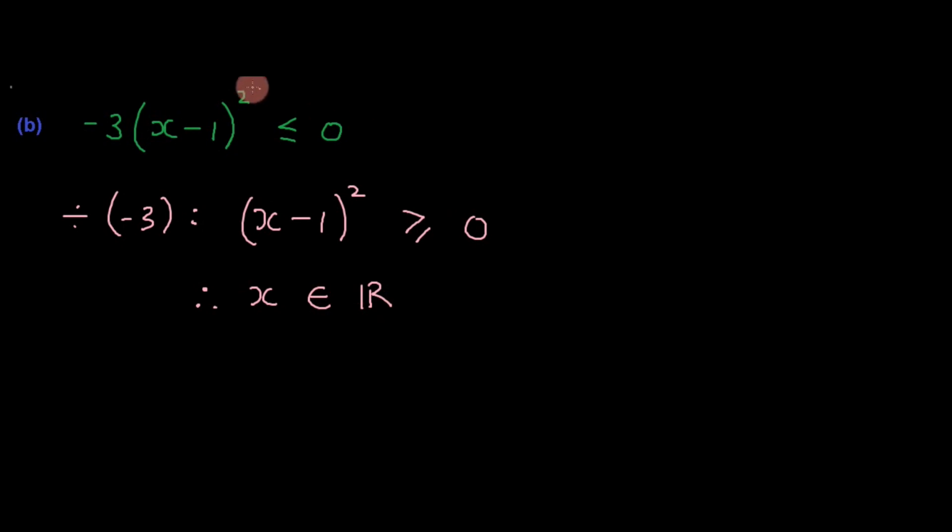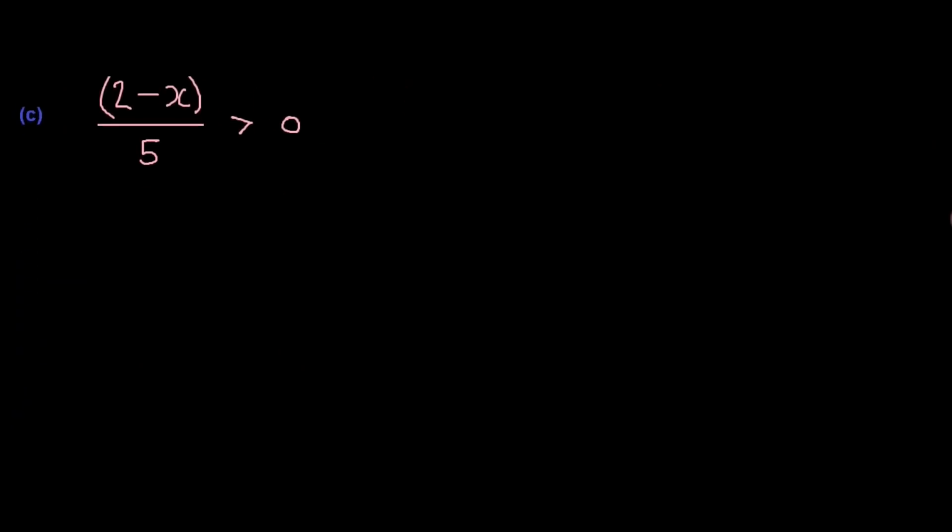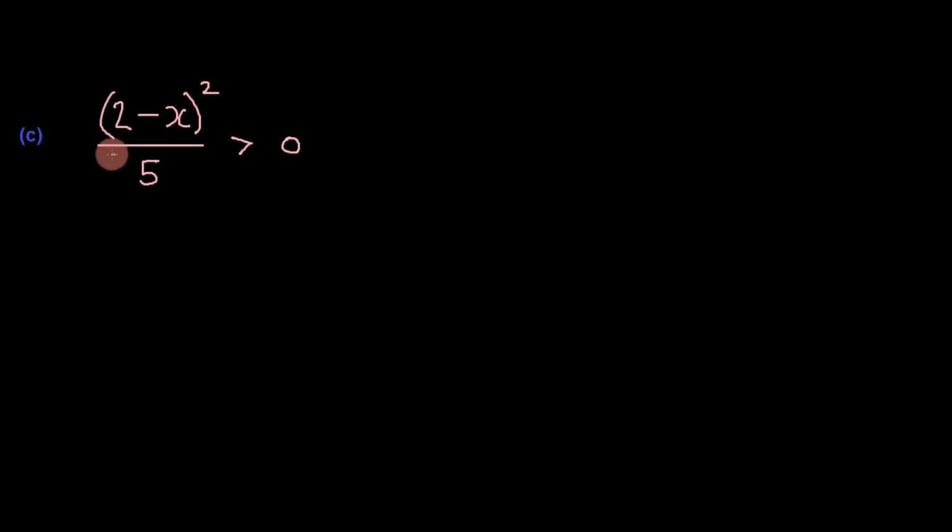Let's look at C. So we have 2 minus x all squared over 5 is strictly greater than 0. We can start by getting rid of the 5 on the left-hand side by multiplying through by 5. So we end up with 2 minus x all squared is greater than 0, since 0 times 5 is 0.